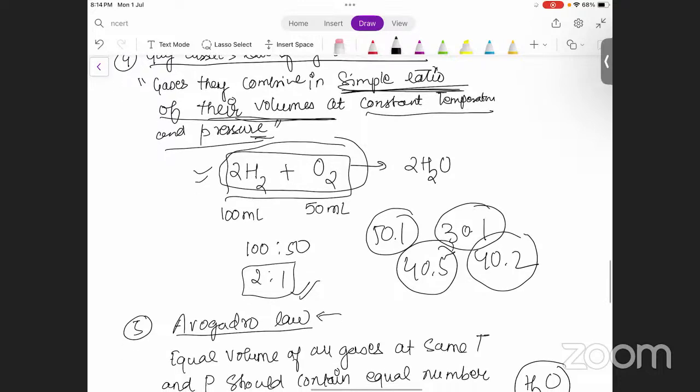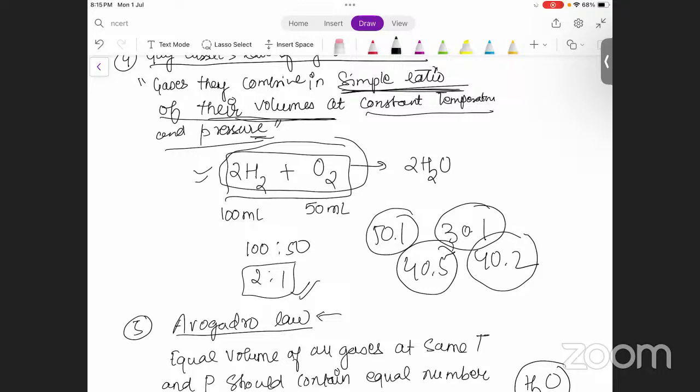With this example, if I take 100 ml of hydrogen, it will react with 50 ml of oxygen. It won't react with 50.1 or 50.2 or 50.3. That is their observation. And then they came up with the law, because they were able to observe the same thing with many reactions, right?